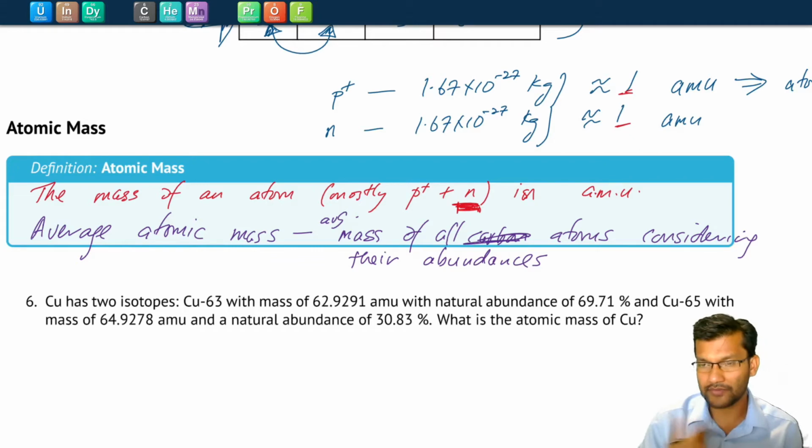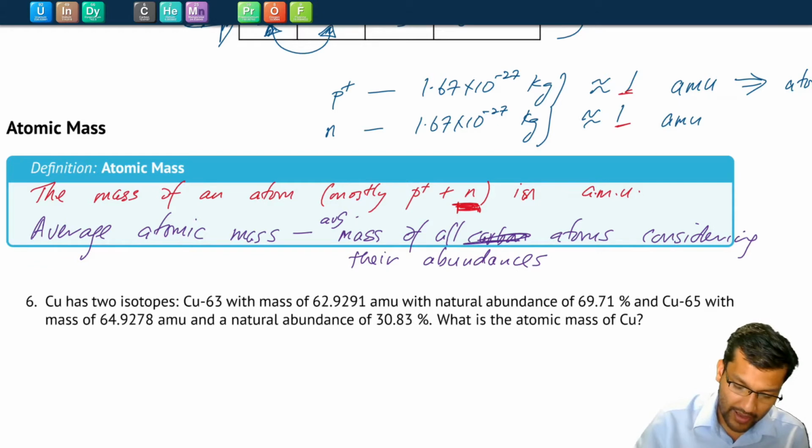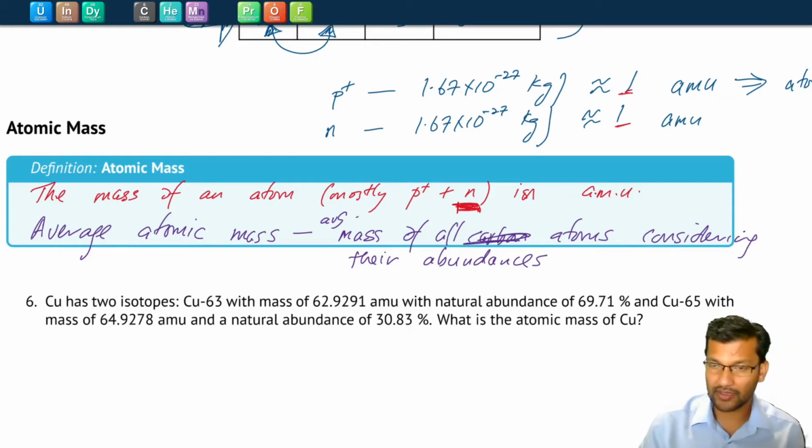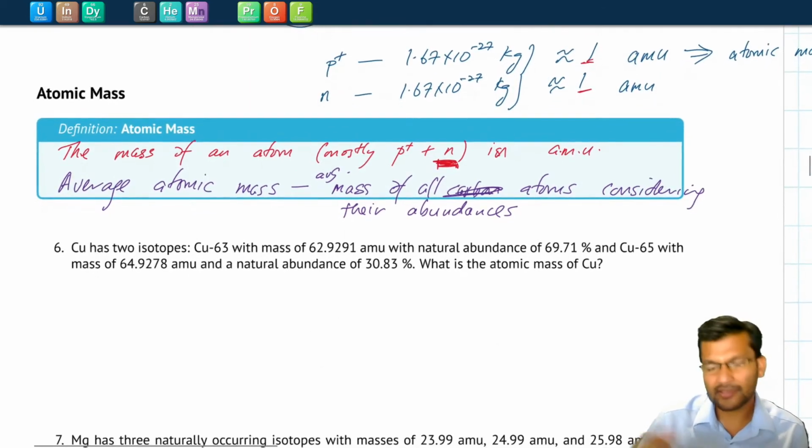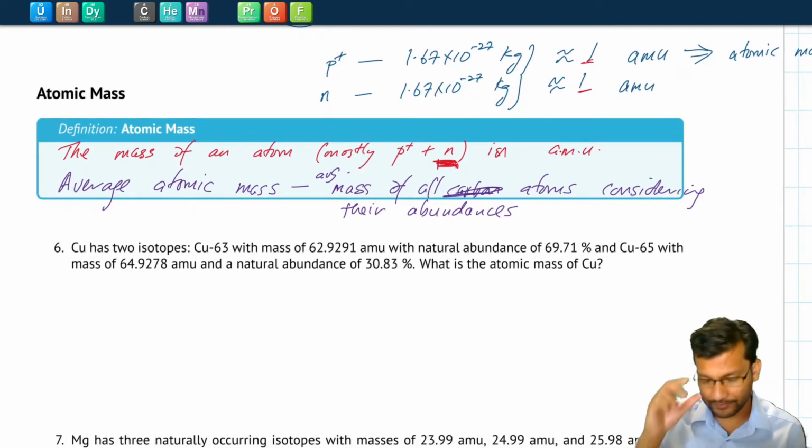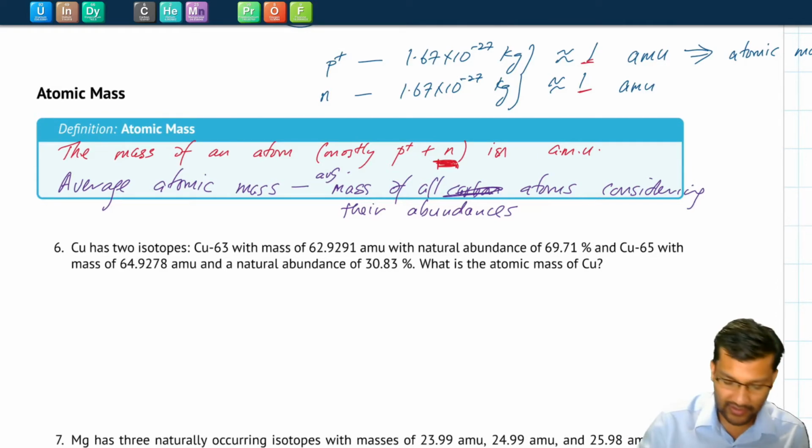So if we have some carbons that have an atomic mass of around 12, some of around 11 or 13, we just consider what their natural abundances are, and we average their mass that way. Let's look at an example of how we can calculate this, and I'll make it clear.